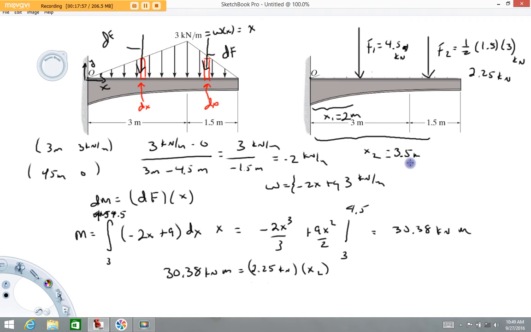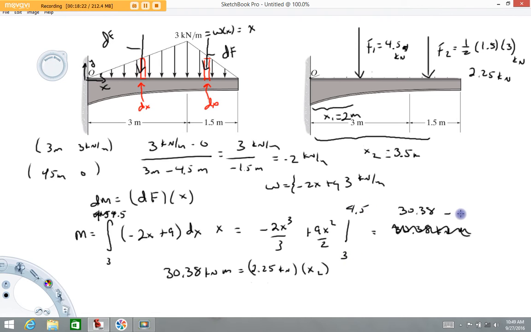Whoops, I'm sorry, I have an incorrect number here. Not 30.38 kilonewton meters as the final value; that was just the first part of this. 30.38 kilonewton meters was evaluating at 4.5.